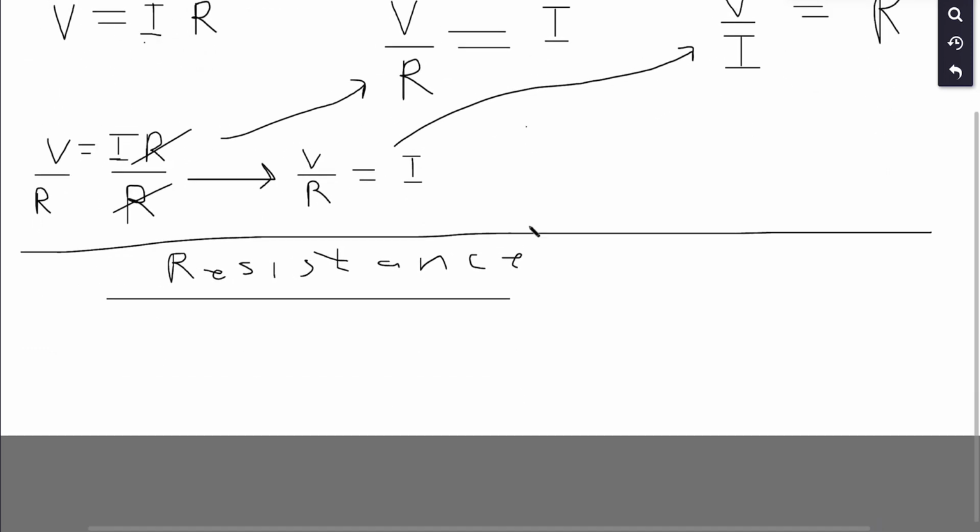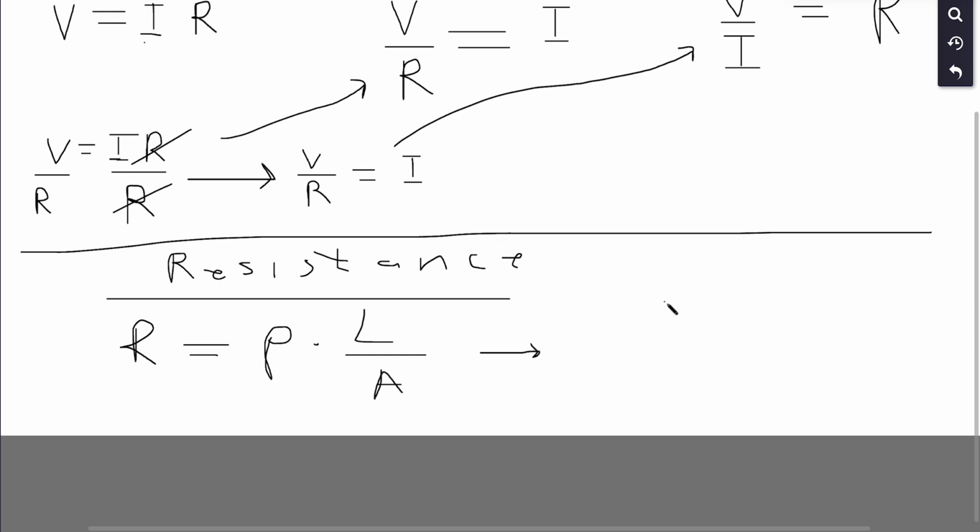If you take a closer look, R is equal to resistivity times length, divided by the area. And so this is a breakdown of what resistance is made of, right?